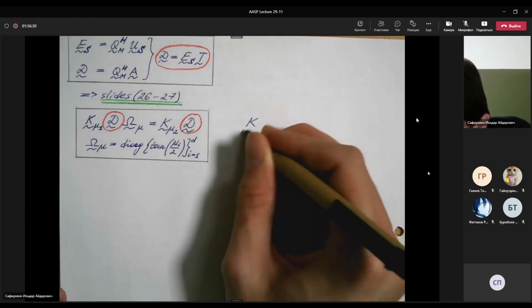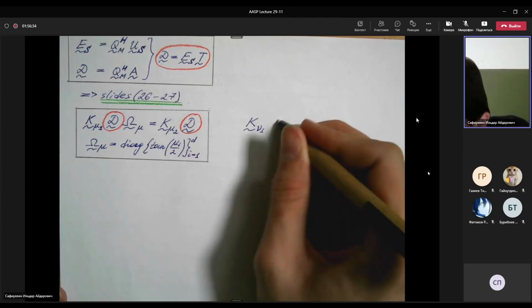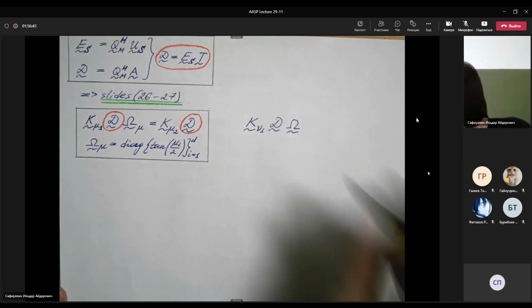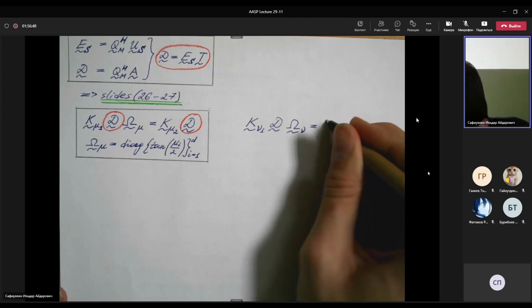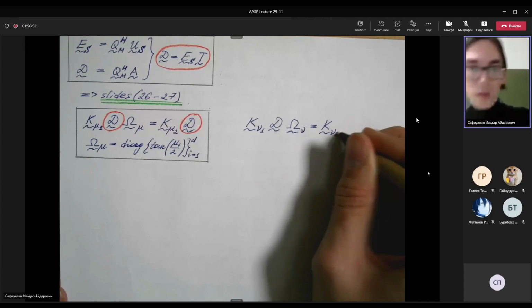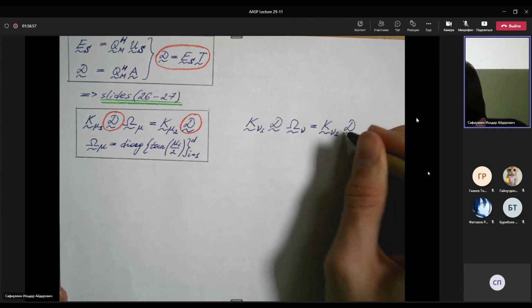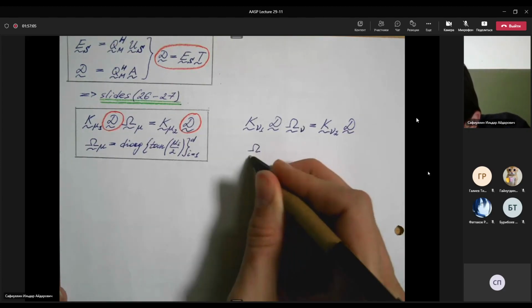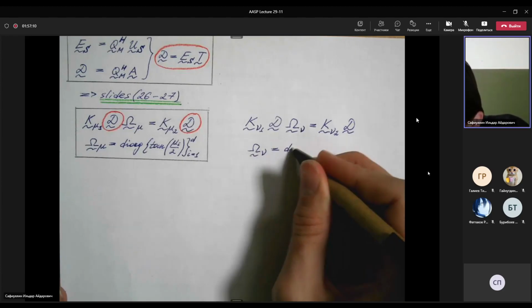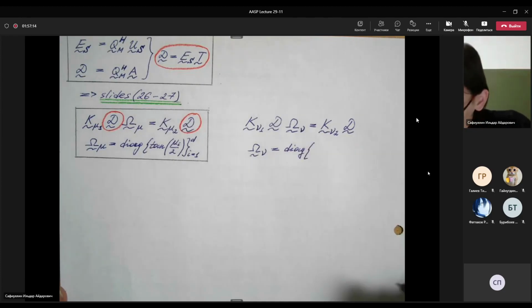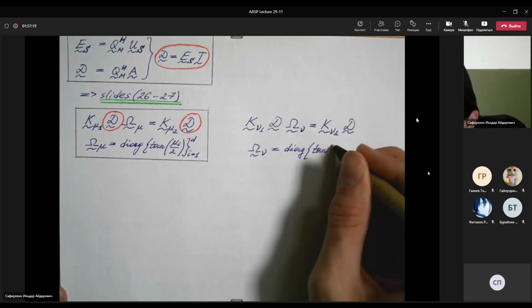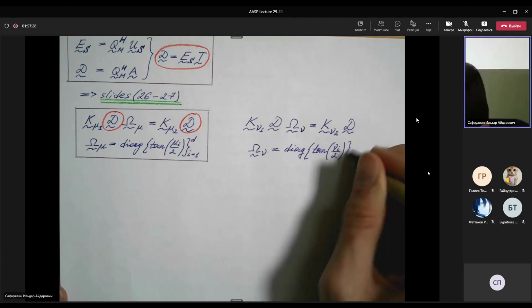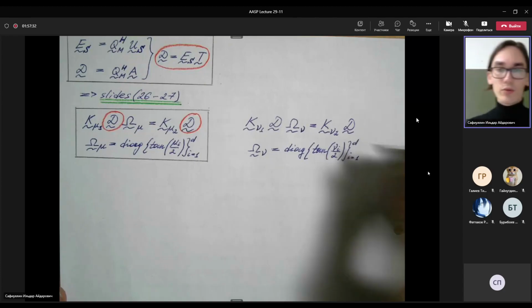So it is K sub nu sub 1 times D times omega with special frequencies nu, and here we have the second selection matrix K sub nu sub 2 times D. And inside of this matrix omega sub nu we have values on its main diagonal equal to tangents of nu sub I over 2, where I goes from 1 up to the number of sources small d.